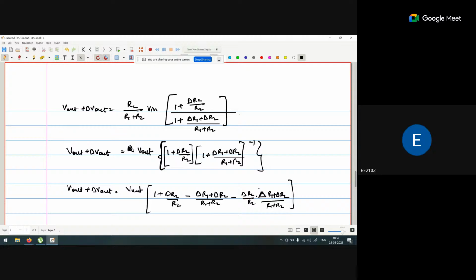Now if I consider delta R upon R, so delta R1 upon R1, similarly delta R2 upon R2.